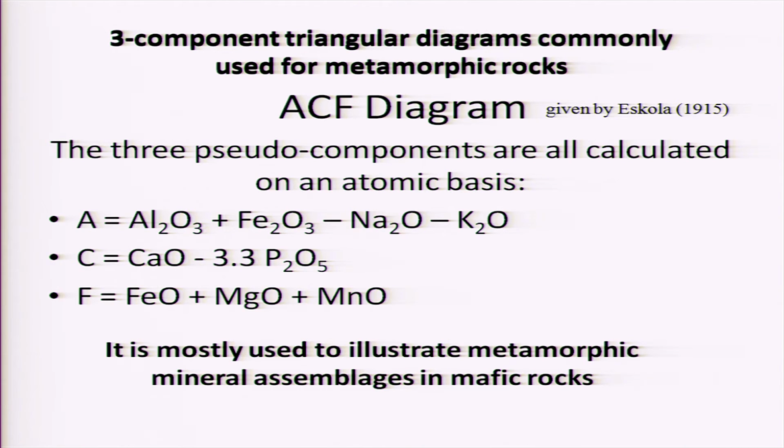Now, if we are looking at those and we are able to reduce the components to 3, then we are not actually representing the true components. We have reduced those 8, 10 components to 3, which means that these 3 are now pseudo components.